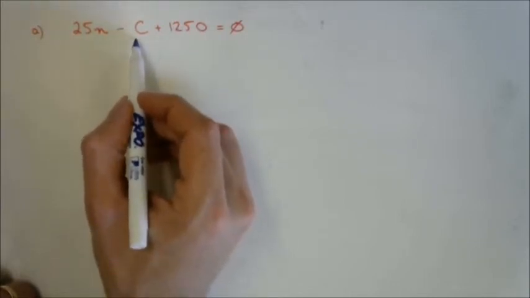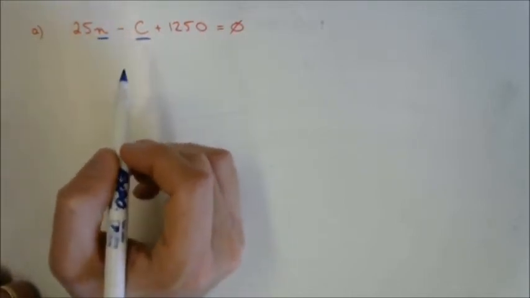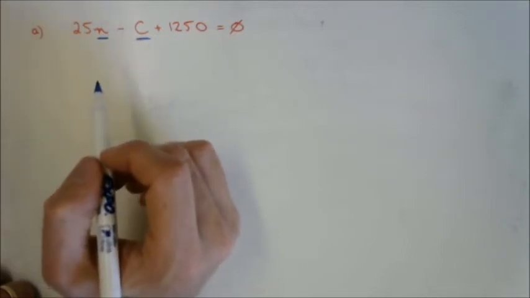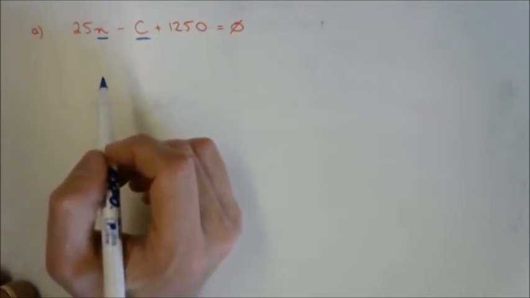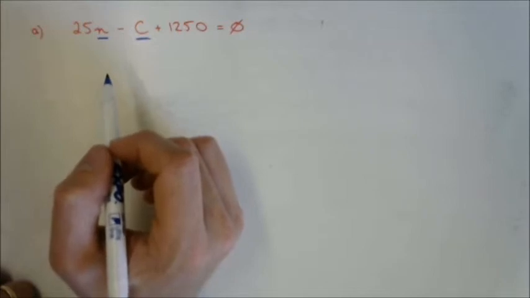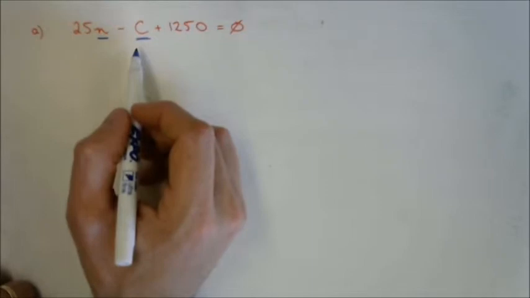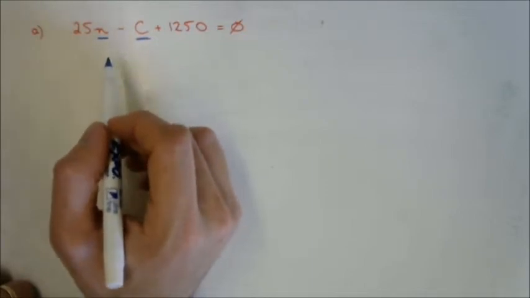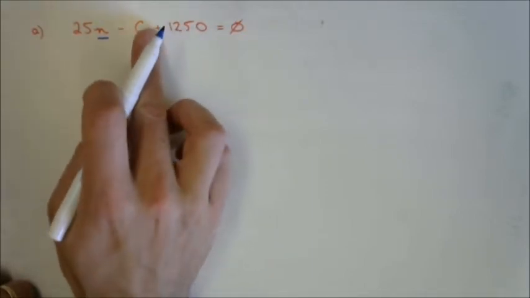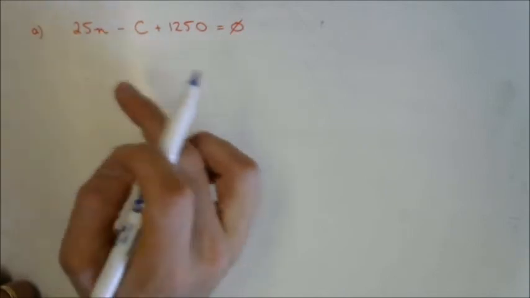So we have the cost and the number of people already put into our equation. That's why the question said 25n minus c plus 1250 equals 0, where c represents the cost and n is the number of people attending. Why would they do n for the number? Because the word number starts with n.